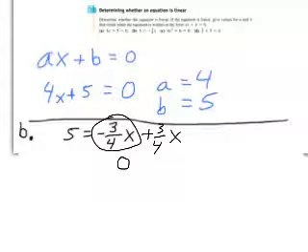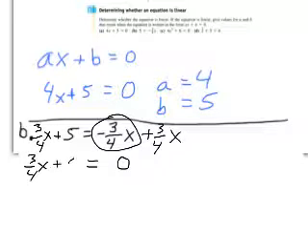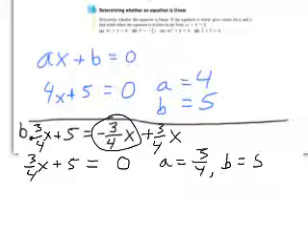So we add positive 3/4 x over here, and that equals 0. And this other side is in the form now. 3/4 x plus 5. A is 3/4 and b is 5.